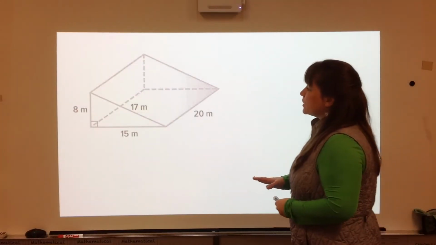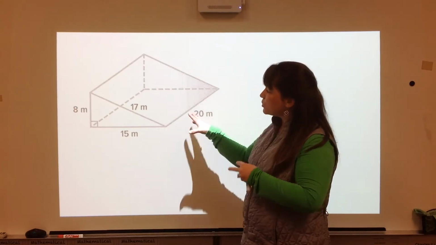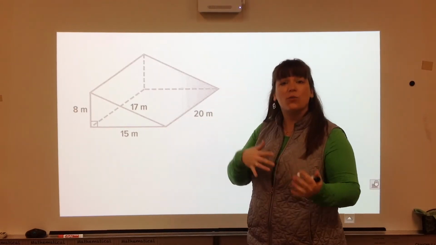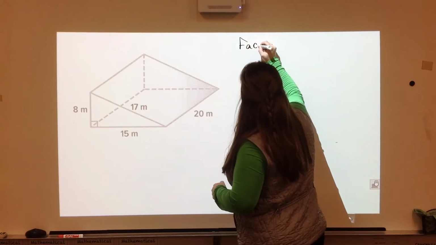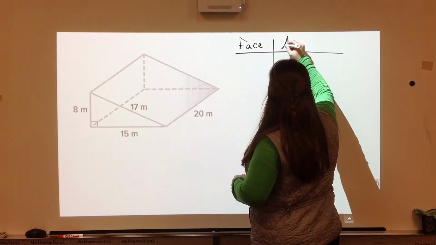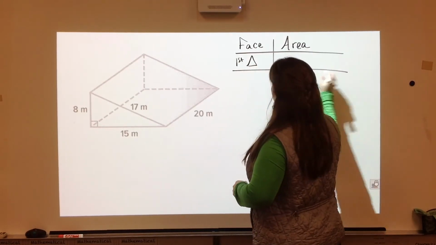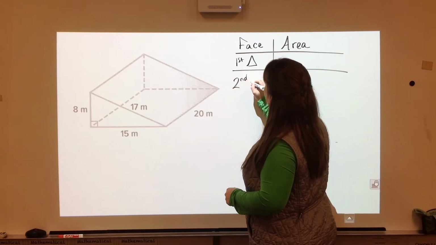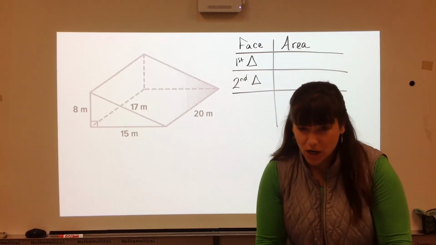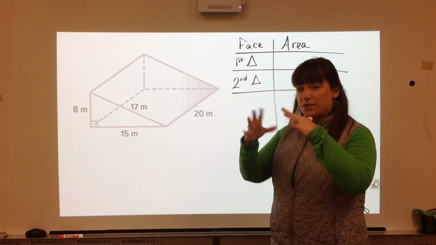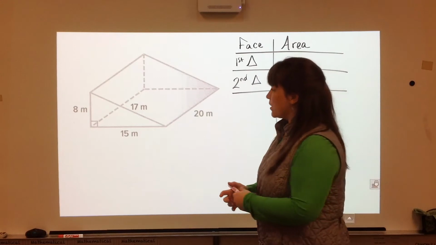So this one, we're going to just deal with this 3-dimensional shape, and we're going to color in the different pieces while we're charting the areas of each face. So get your chart ready with the face and then the area. I'm going to start with my first triangle, which is going to be the same dimensions and area as my second triangle. Again, I'm going to start with a lighter color so that I can keep layering the colors on top of each other and be able to see what I'm talking about.